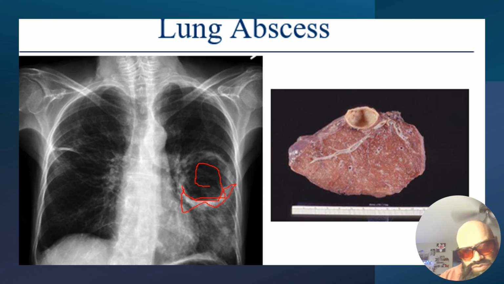So this is what one actually looks like on a cadaver. An abscess is basically making its way within the parenchyma interstitial tissues of the lung and setting up camp and creating a cavitary lesion filled with pus, and it will basically obliterate the normal structures within it. And when you get a chest X-ray, this is what it'll look like.